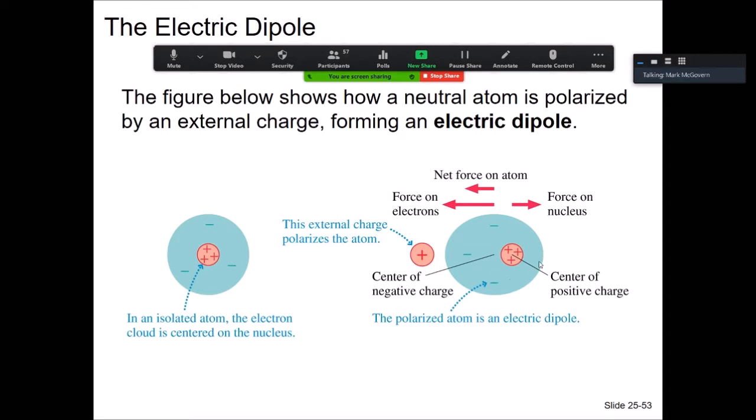You're completely changing the nature of this atom here. And then the atom becomes polarized. And that is what we refer to as an electric dipole. And like I said, it can happen from polarization. It could also come about naturally, depending on how the bonds are between the atoms in the molecule.